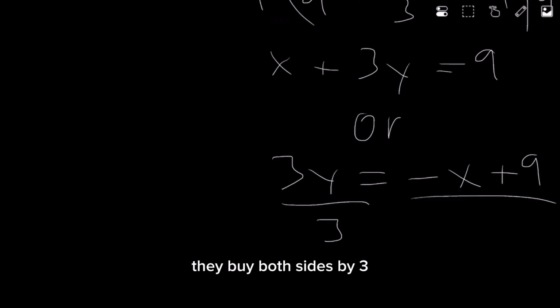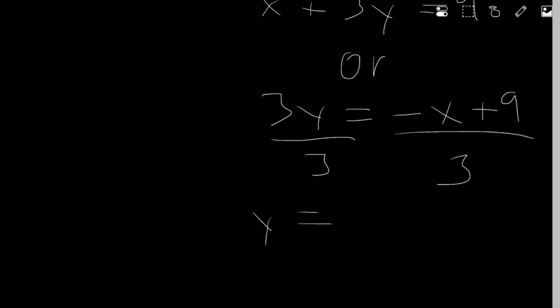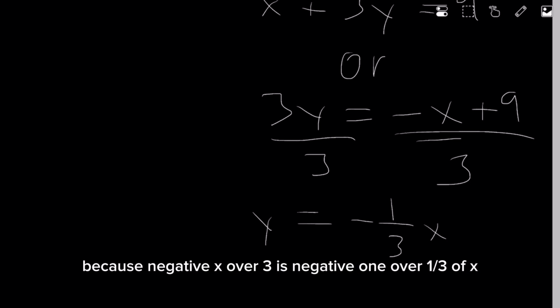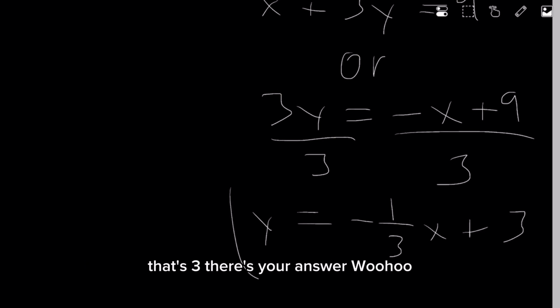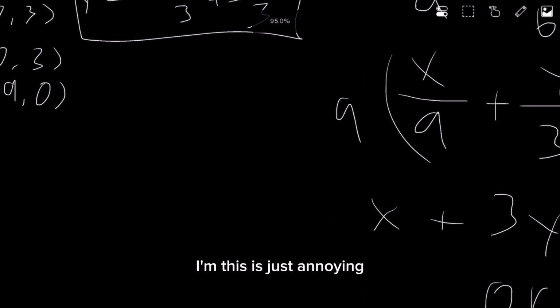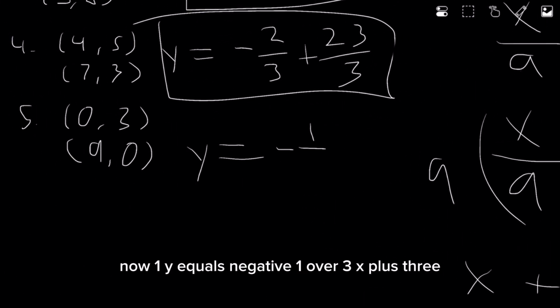Divide both sides by 3 because we want to get rid of this 3 over here. We get y equals negative 1 over 3x, because negative x over 3 is negative 1 over 3 of x. And then plus, what is 9 divided by 3? That's 3. There's your answer. Y equals negative 1 over 3x plus 3.